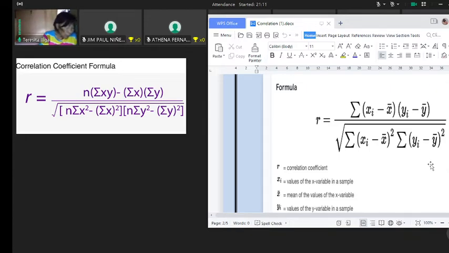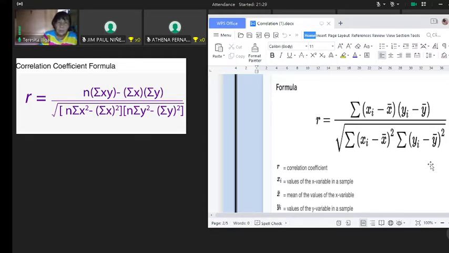The y sub i values are the y variable in a sample, and y bar is the mean of the values of the y variable.